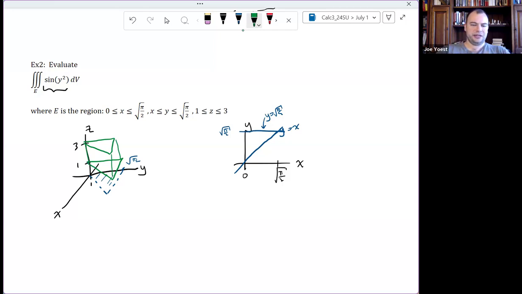So this little prism kind of thing is my volume of integration here. My artistic skills are not up to the challenge here apparently, but those sides are all nice and vertical, nice and parallel to the z-axis.